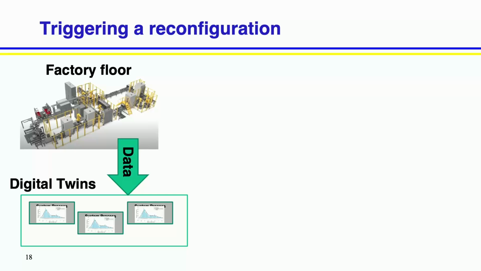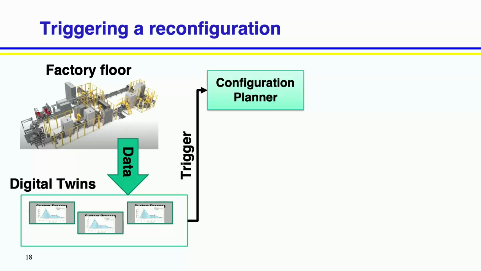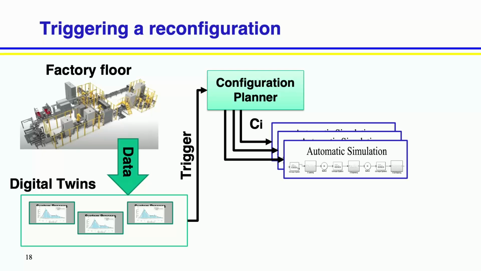And so what we can do is, if we do see some difference in one of these station operations, that the digital twin says, hey, I think this is 90% out of spec, then we can issue a trigger to a configuration planner that will reconfigure the whole line. I'm not going to talk about how we do that, except that we have another method that comes up with different possible configurations, how we could change the line, and we use the actual data from the digital twins that we've built to build a new simulation to understand what the different possible outcomes of that new configuration would be.